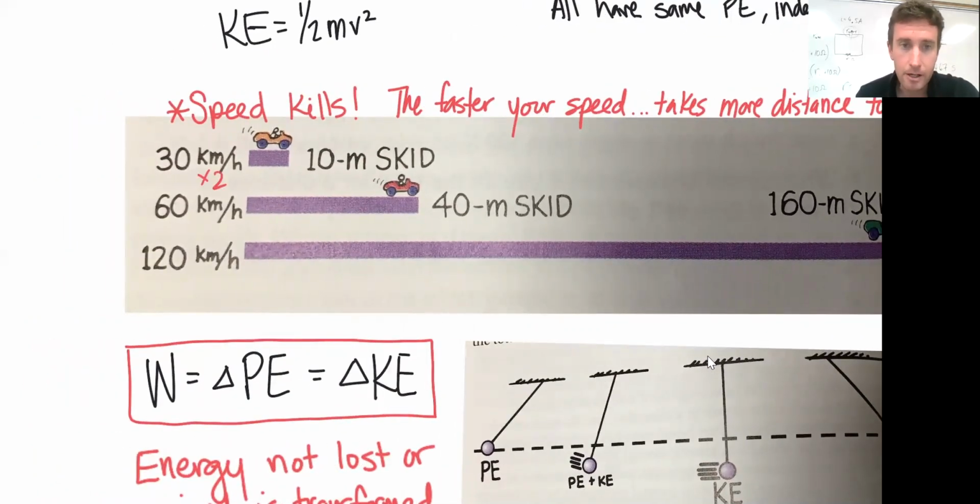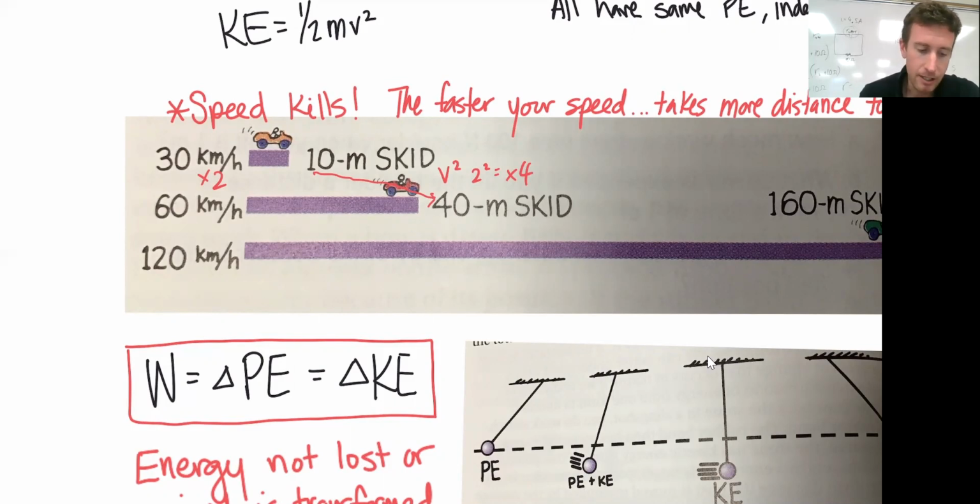My 10 meters goes to 40 meters of skidding because my velocity is squared, right? So 2 squared gives me times 4, right? 4 times more kinetic energy. So it takes me 4 times longer to skid to a halt. I go from 10 to 40. That's a times 4 ratio.